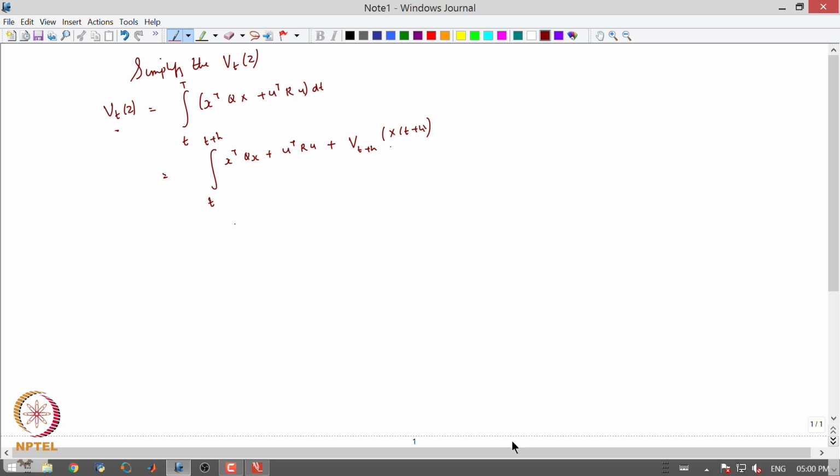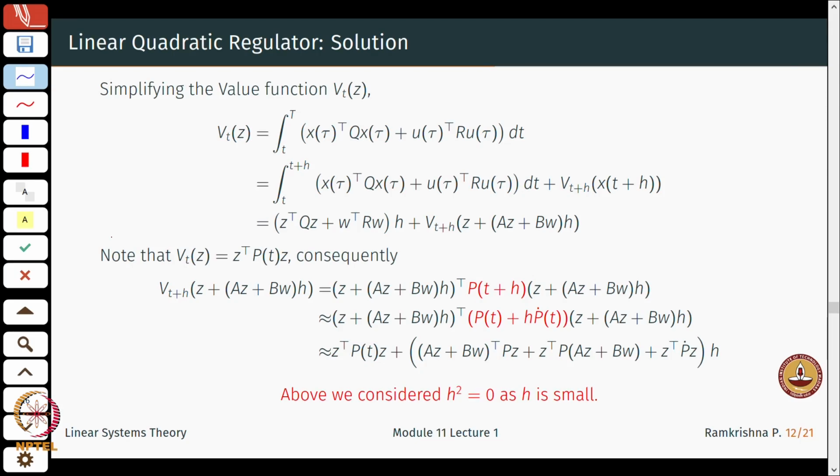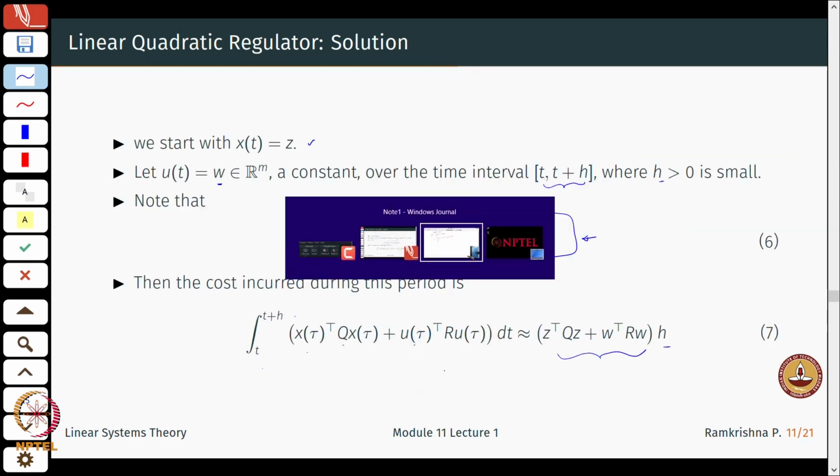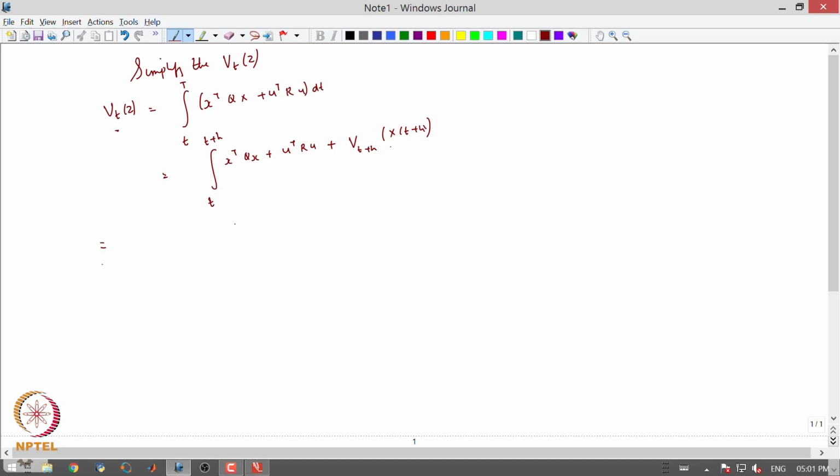Now, from this approximation here, I can rewrite this as z transpose Q z plus w transpose R w times h, plus V(t+h).